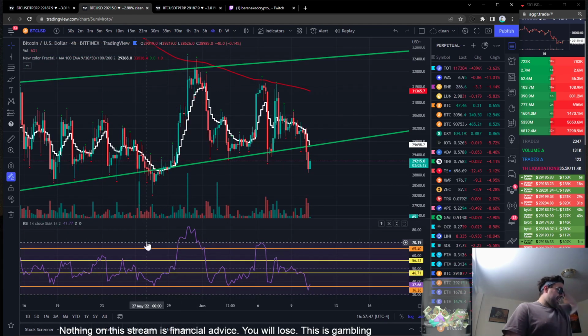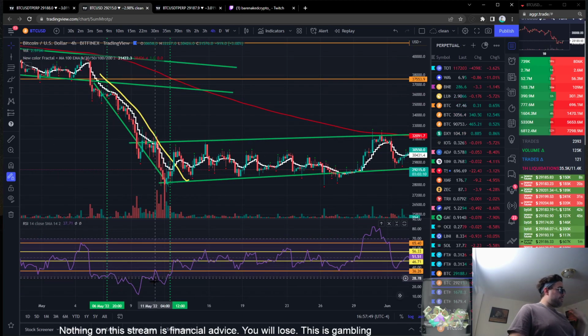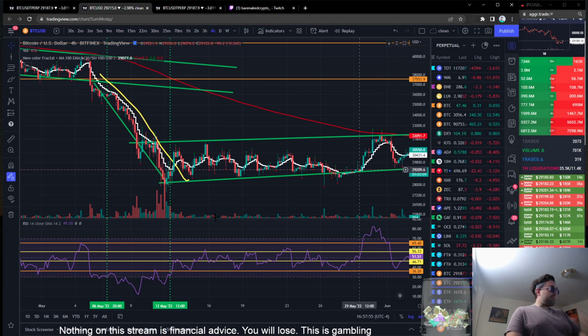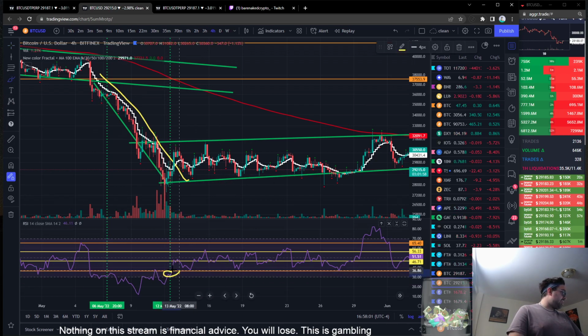So going back to that oversold theory, this was a very bearish period, very oversold, right? But if you look at the breakout that we had here on the RSI, let's say around May 12th, we broke out of this little downtrend period, because look what was happening.